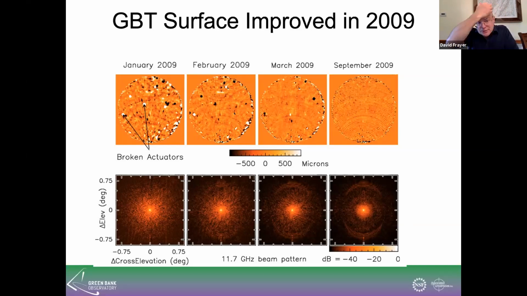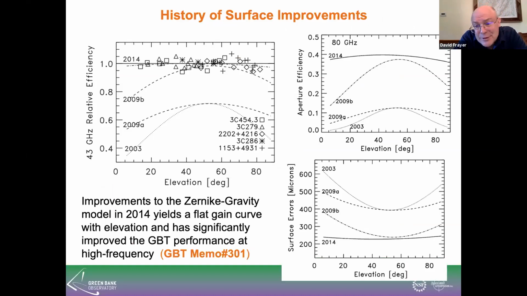And this plot shows the history over time of the effective aperture efficiency. This was measured at 43 gigahertz, but you can extrapolate the measurements at 43 gigahertz to say what it would be at 80 gigahertz. This shows the efficiency at 83 gigahertz over the lifetime of our telescope.